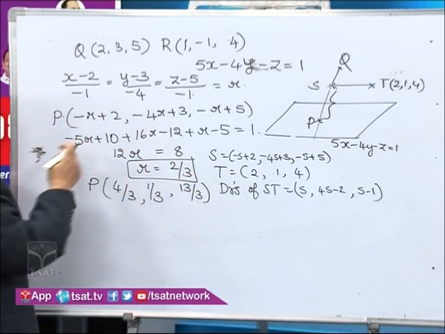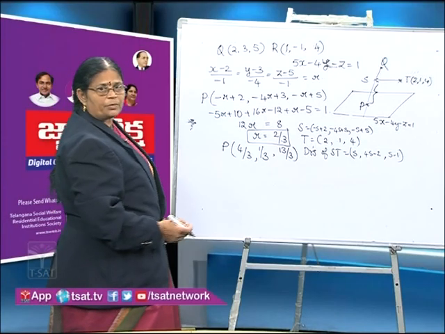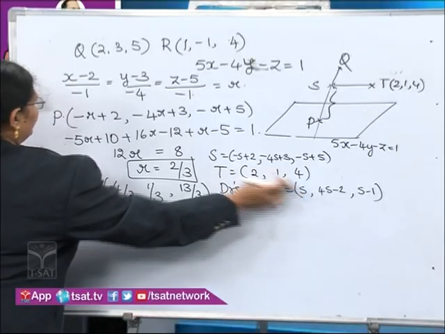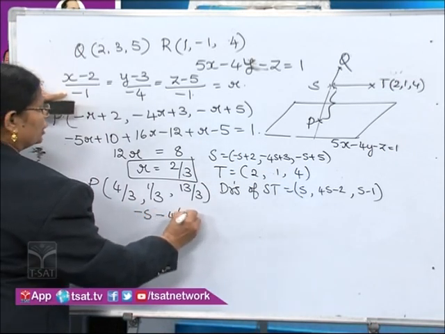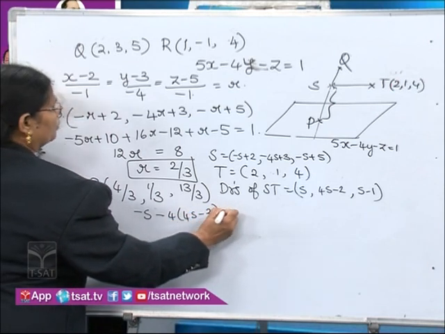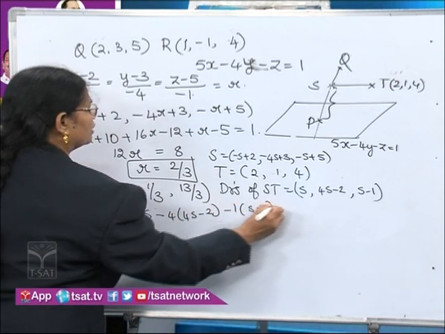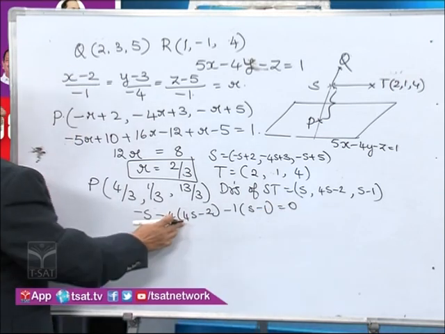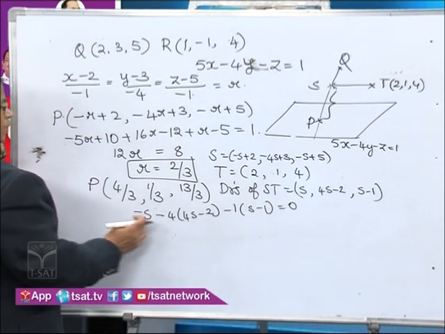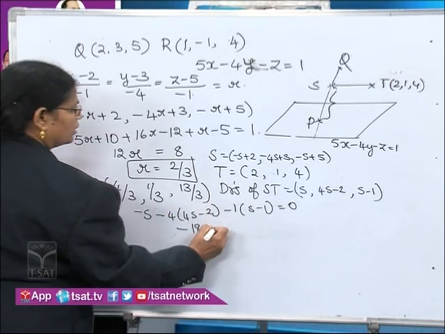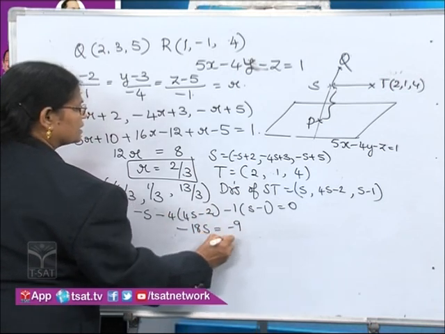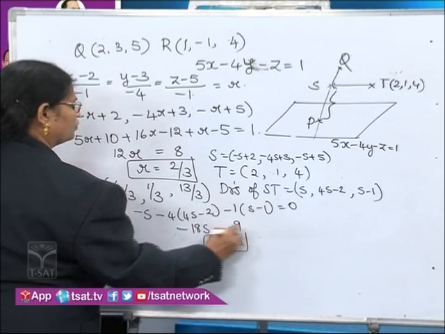So using the condition a1 a2 plus b1 b2 plus c1 c2 is 0, S into minus 1, minus 4 into 4S minus 2, minus 1 into S minus 1 equal to 0. Simplifying, minus 18S plus 9, so S equal to 1 by 2.